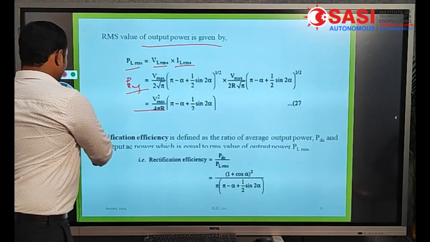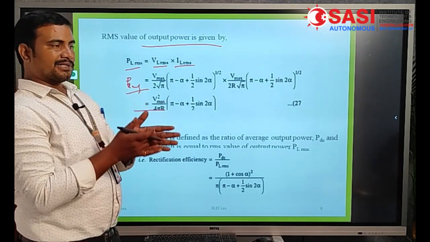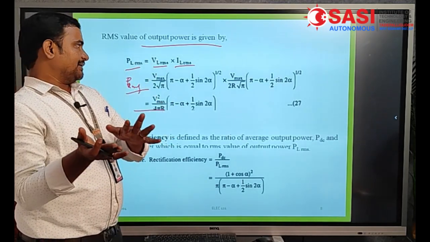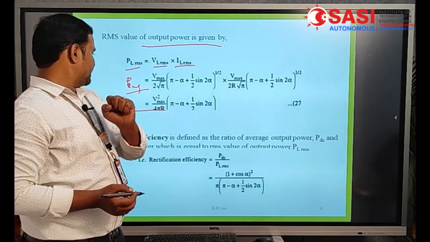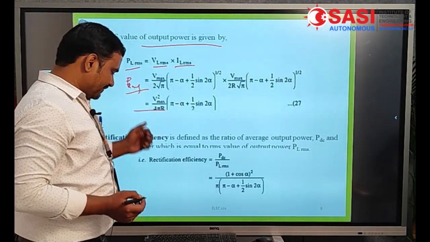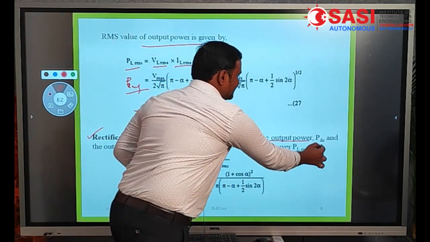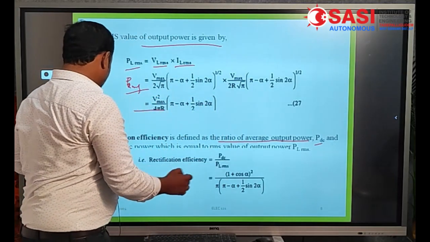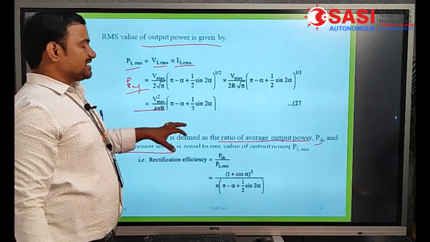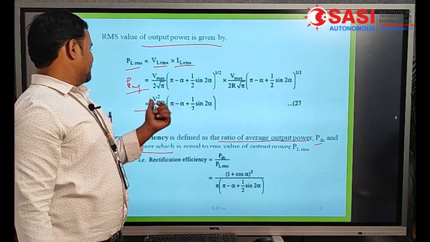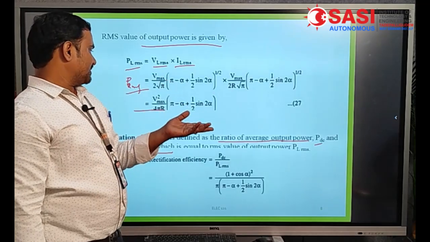Then we'll move on to the next step, that is rectification efficiency. What is the amount of energy that can be converted from AC to DC? That is defined by the rectification efficiency, the ratio of average output power PDC to the output AC power. So PDC by PRMS is the rectification efficiency, that means the amount of AC that can be converted into DC.